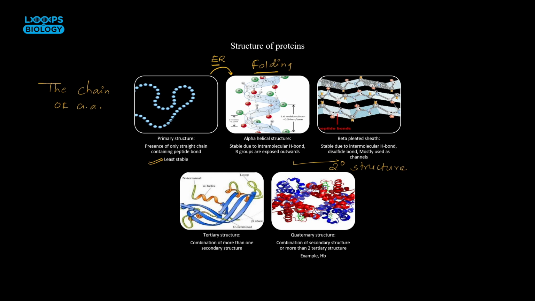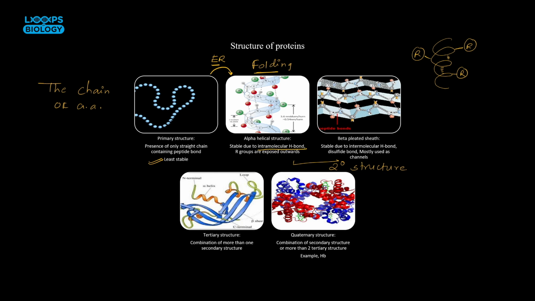Whenever I'm talking about the alpha helical structure, there is going to be a presence of hydrogen bonds. This hydrogen bond forms within the structure itself, and the R groups are exposed on the outer side. This structure is called the alpha helical structure, and it stabilizes itself because of this intramolecular hydrogen bond.